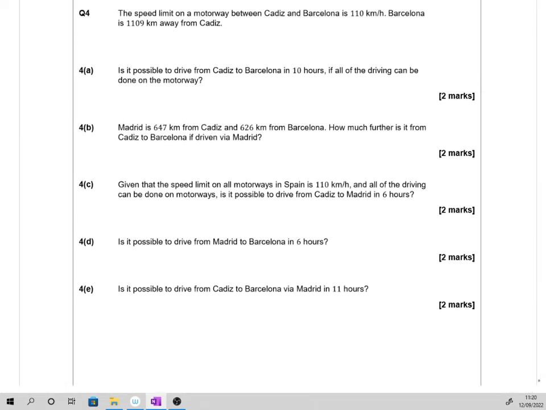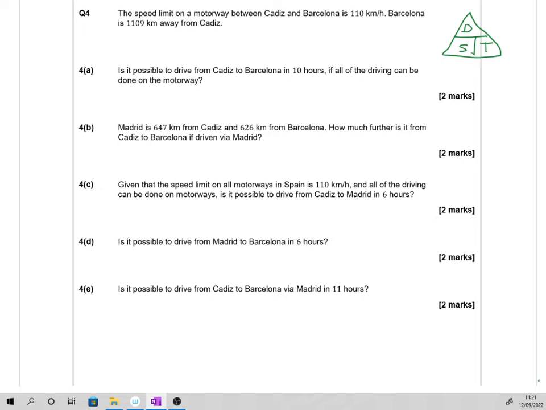Right, again, let's have a triangle. Can't do these without this triangle. The speed limit on a motorway between Cadiz and Barcelona is 110. Barcelona is 1109 kilometers away from here. Is it possible to drive from Cadiz to Barcelona in 10 hours?